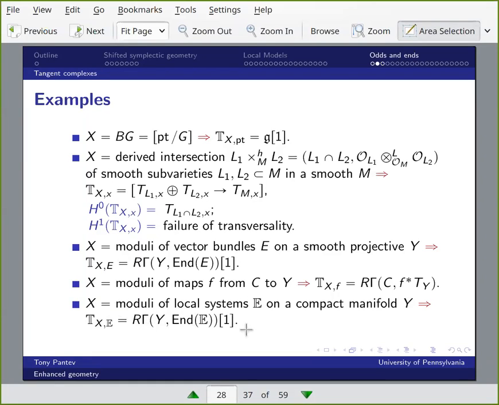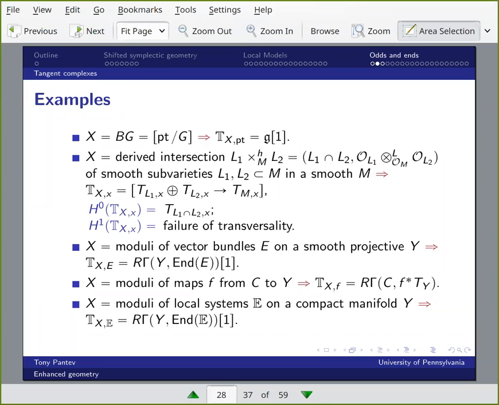It is the cochain algebra of the endomorphism local system with the homological shift 1. In a slightly more geometric example, if you look at maps from one smooth variety to another, C to Y, then the tangent complex to the moduli of maps at a given map is just the cochain algebra of the pullback of the tangent bundle of the target under the map.